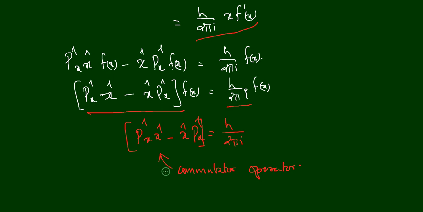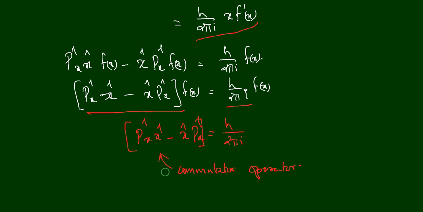So if there is a commutator operator existing for two operators, it means that these two operators do not commute, and it is not possible to determine the precise values of the physical quantities corresponding to those operators. Let me say it once again. If a commutator operator exists, it means that the operators are non-commutative, and therefore it is not possible to determine the precise values of physical quantities corresponding to those operators.